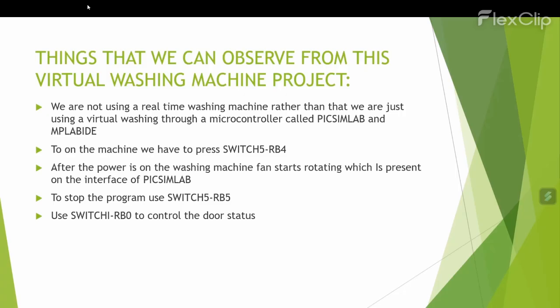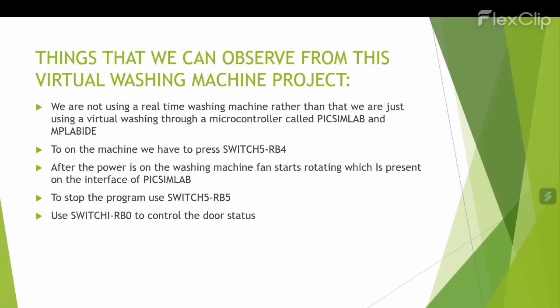Also, what we can observe from this virtual washing machine project is that we are not using a real-time washing machine, rather we are using a virtual washing machine through PiximLab and MPLab IDE. To turn on the machine we have to press switch 5, which is RB4.